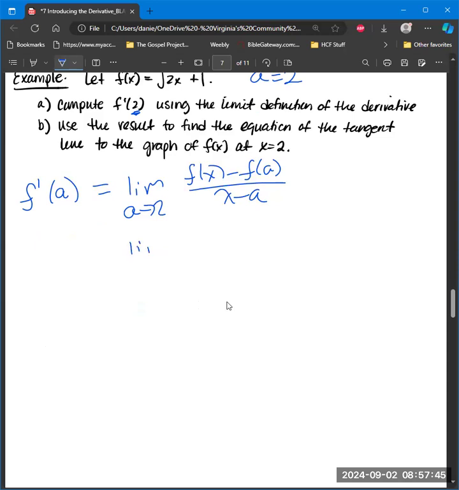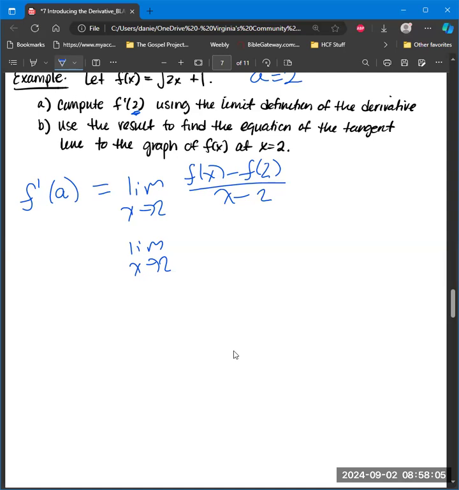So the limit as, sorry, as x approaches 2. There we go.